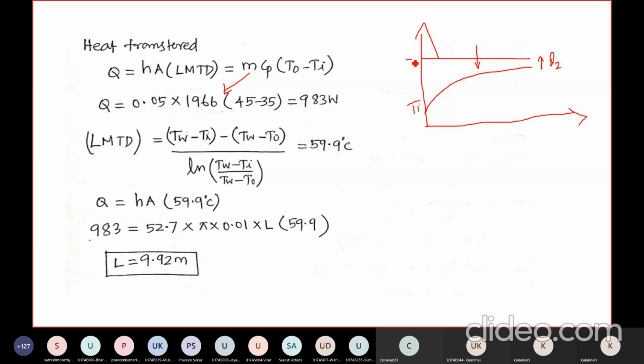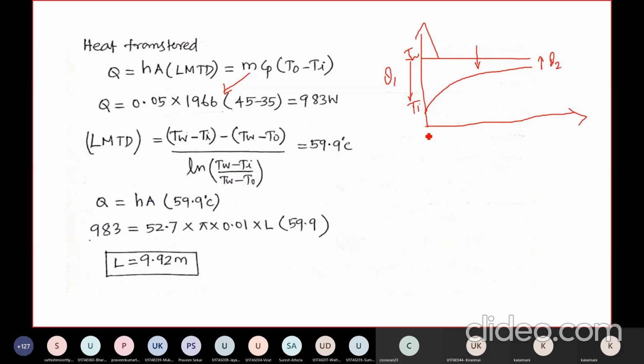If I am considering the inlet, the wall temperature is constant everywhere. That's why it is T_w. The temperature difference at the inlet condition will be your theta 1.